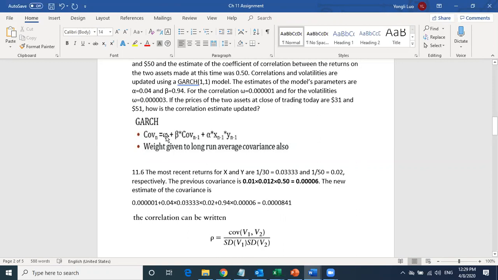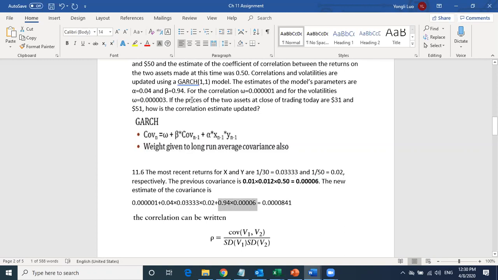The new estimate of the covariance is going to be omega, remember, for correlation omega you use 0.001, plus beta, which is 0.94, times the previous covariance, 0.06. Beta times covariance is this part.